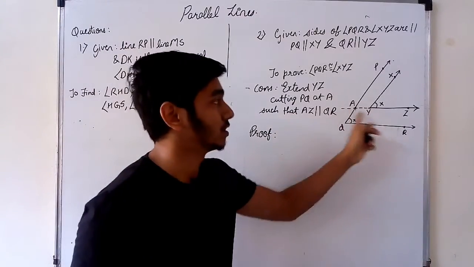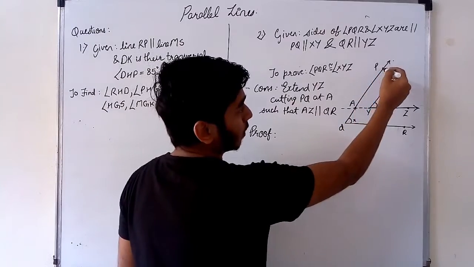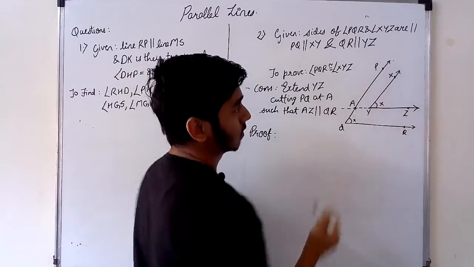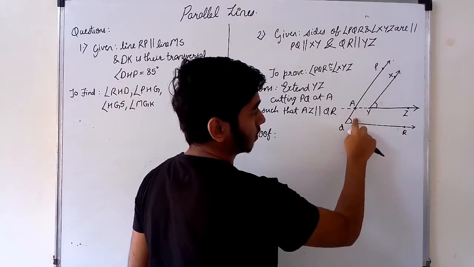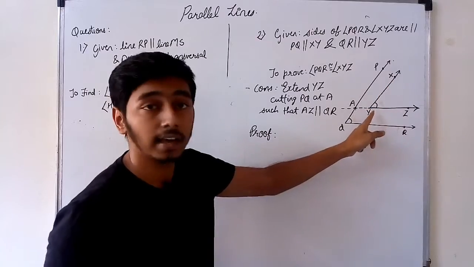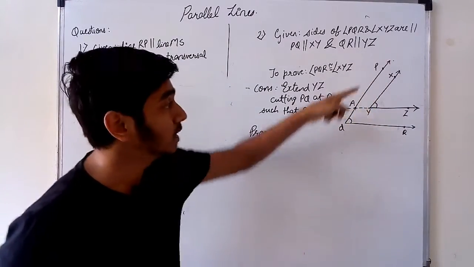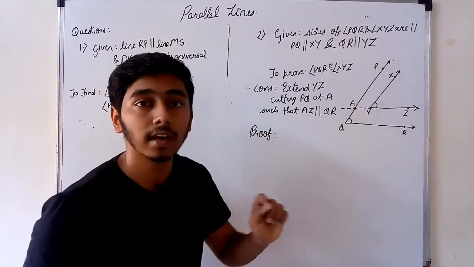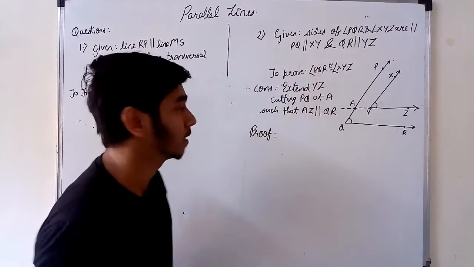okay, so we have constructed this. Now we can say that PA and XY are parallel because PQ is parallel to XY. That means PA is also parallel to XY because PA and PQ, they represent the same line. Correct?